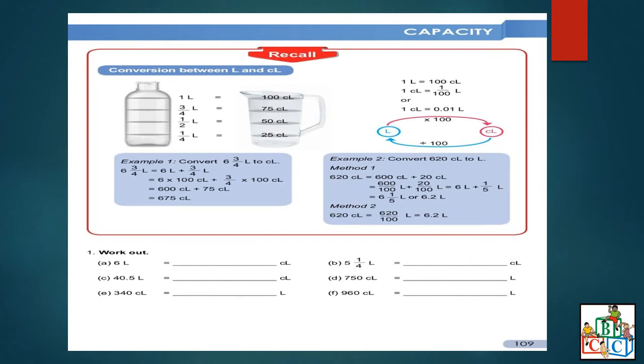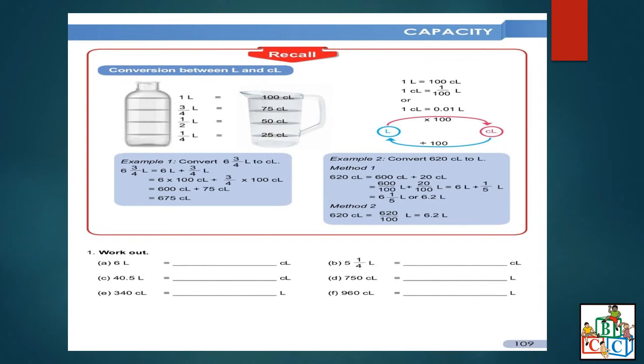So 600 centiliters to liters divided by 100 is equal to 6 liters. Then 20 centiliters, how are you going to convert to liters? The same, divide by 100. You have the fraction 1/5, then 1/5 liters or 6.2 liters.